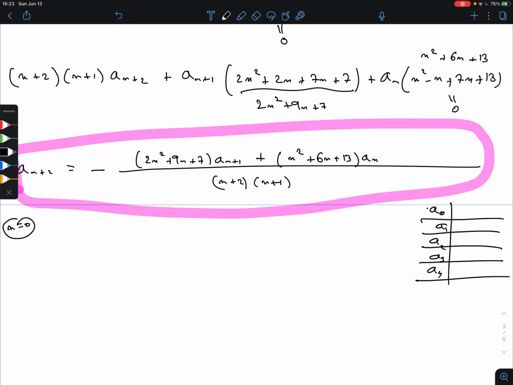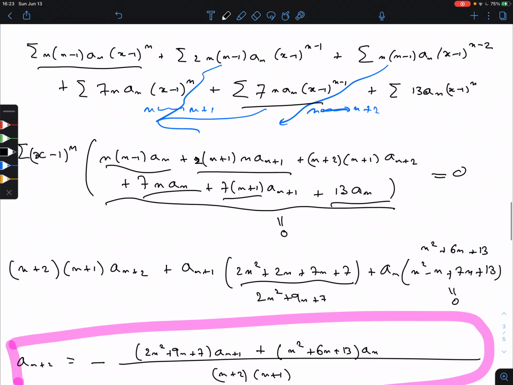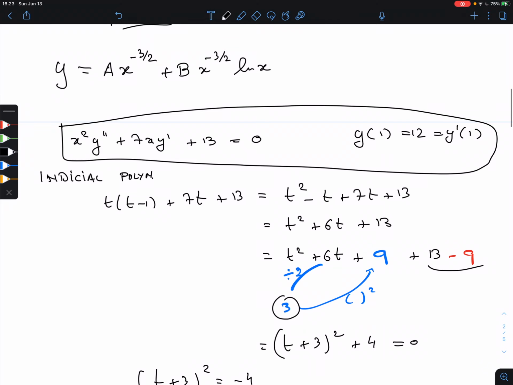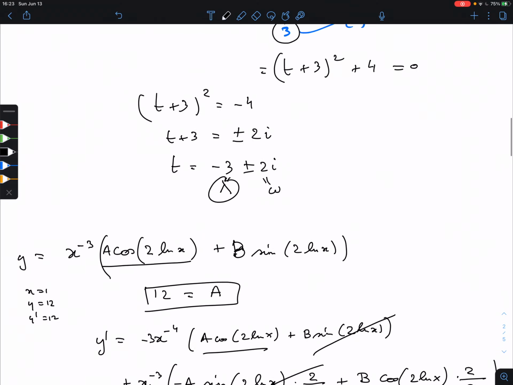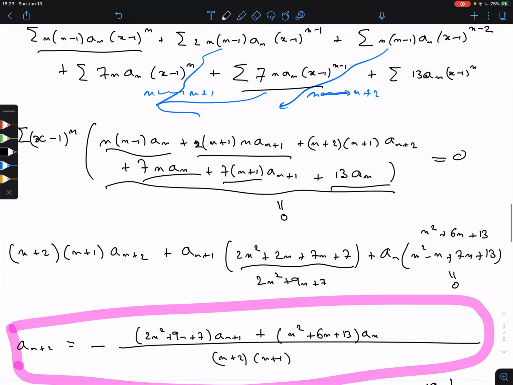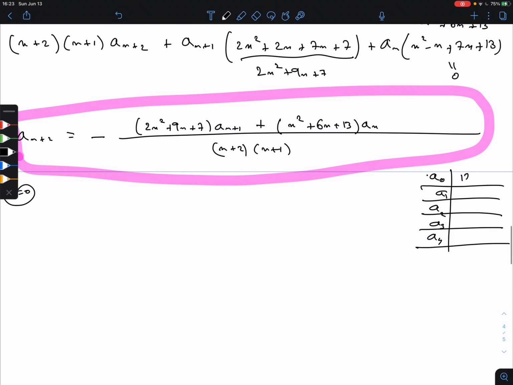A0 and A1 were the original ones. As I said, I didn't change them. They were 12 and 12. Now these become the coefficients A0 and A1 in the power series centered at 1. So this is 12 and 12.